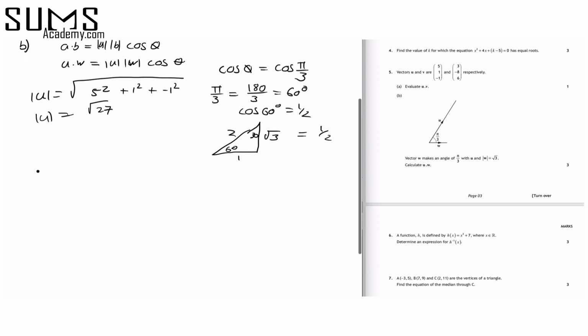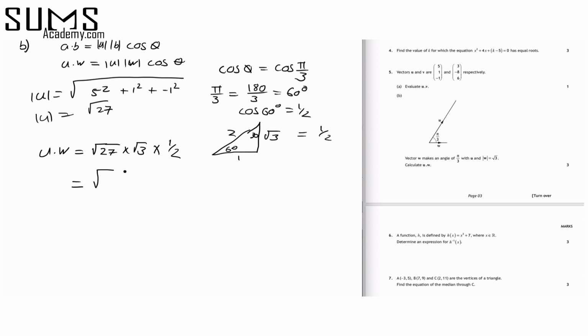Okay, so write your final expression. u dot w is equal to root 27 times root 3 times cos 60, which is just 1 over 2. You might get spooked by seeing this expression, so how do I work this out in my head, because it's a non-calculator paper?